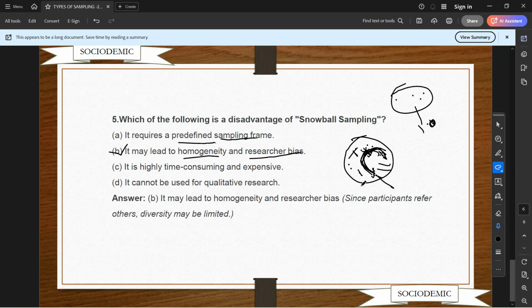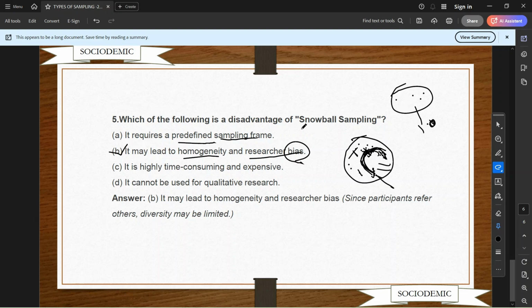Researcher bias means the researcher assumes some characteristics, that these people have similar characteristics, but maybe these people don't have these characteristics. So the researcher assumes, and that may be true, may not be true. That is called researcher bias.